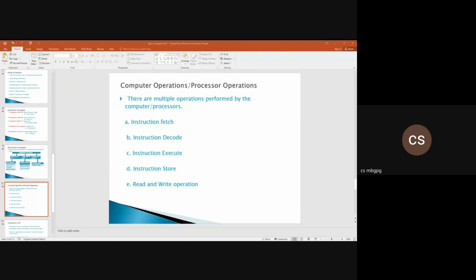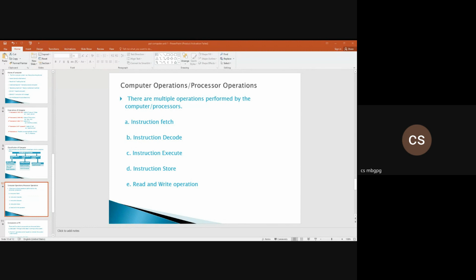That is called your data. That is defined as your raw facts, concepts in a formalized manner, which is generally used for your communication, interpretation, or processing by your machines or for human purpose. That is called the data.